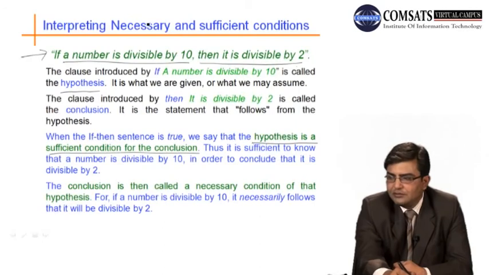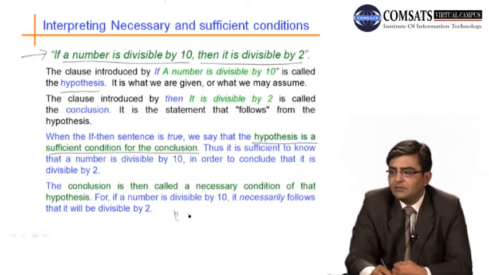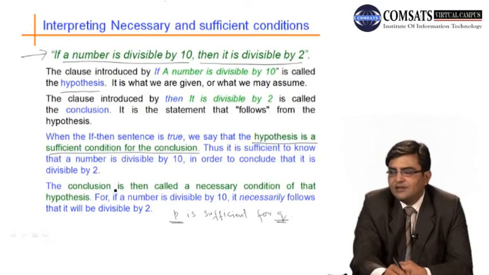Or, as I have told you, we can write P is sufficient for Q. And the conclusion is then called a necessary condition of that hypothesis.